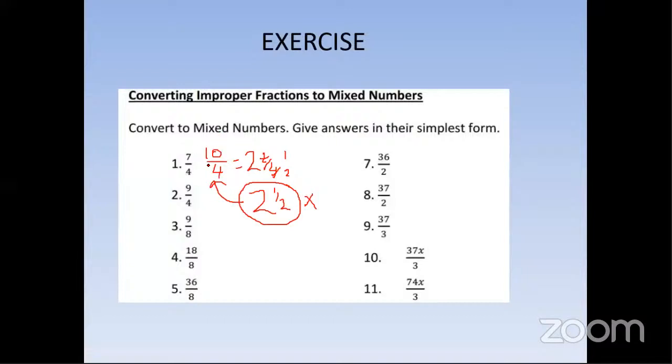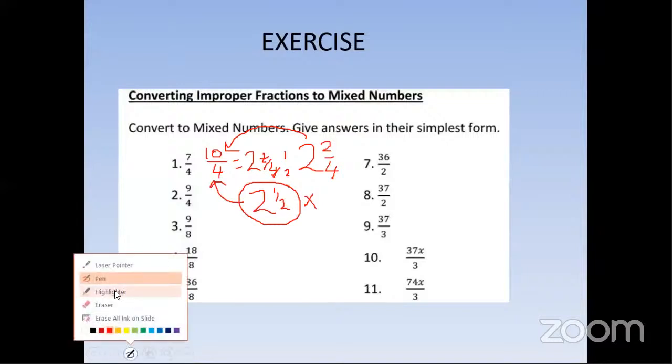It will give you a very different answer. But when you convert 2 whole numbers, 2 out of 4 back, you'll come back to this answer here. So that's why we do not reduce it. Are we clear? Have we got that? Yes. Thank you. You're welcome.